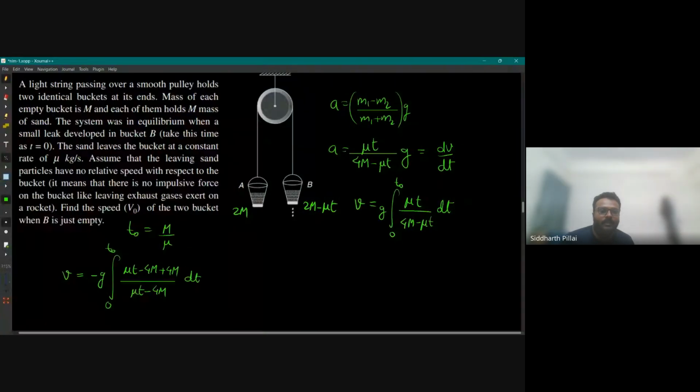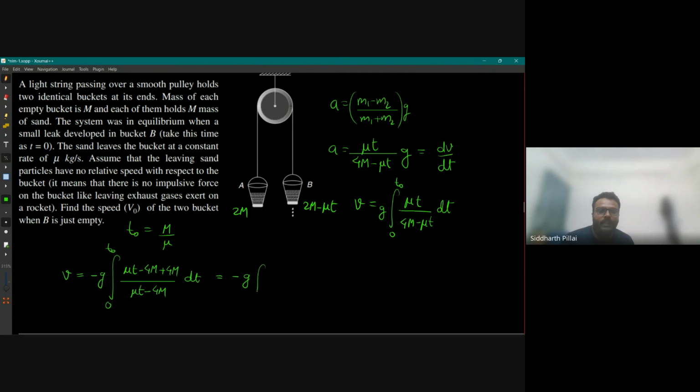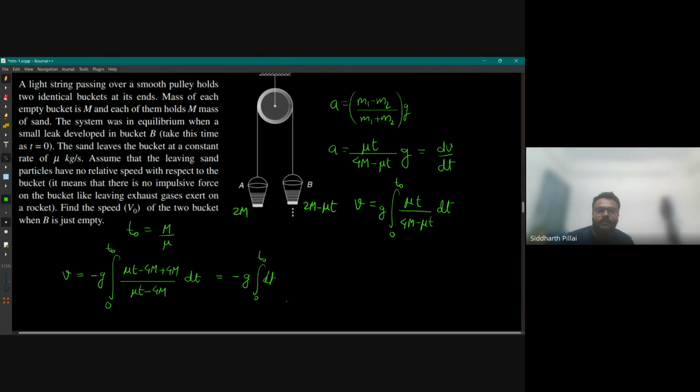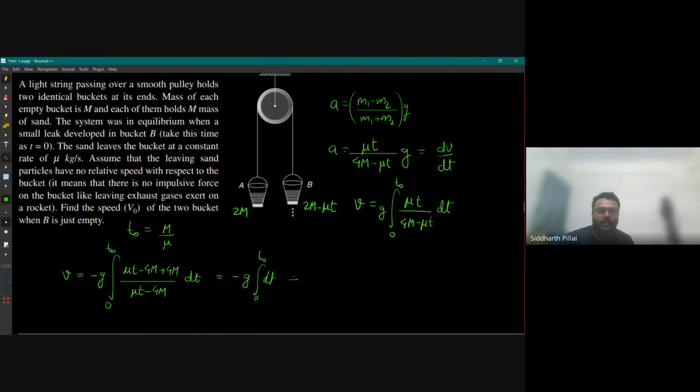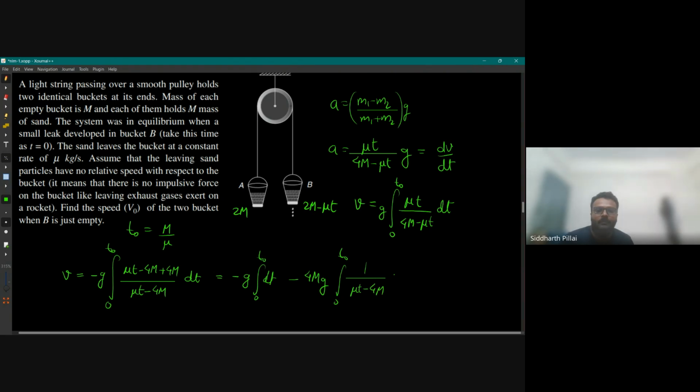The first part will just give me 1, right? So this just becomes minus g times the integral of dt from 0 to t naught. And the second part gives me minus 4mg times the integral from 0 to t naught of 1 by (mu t minus 4m) dt.